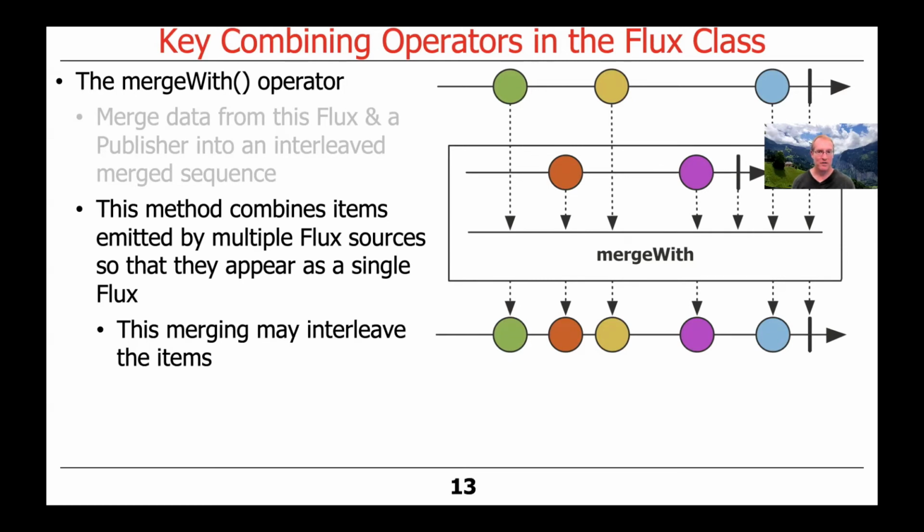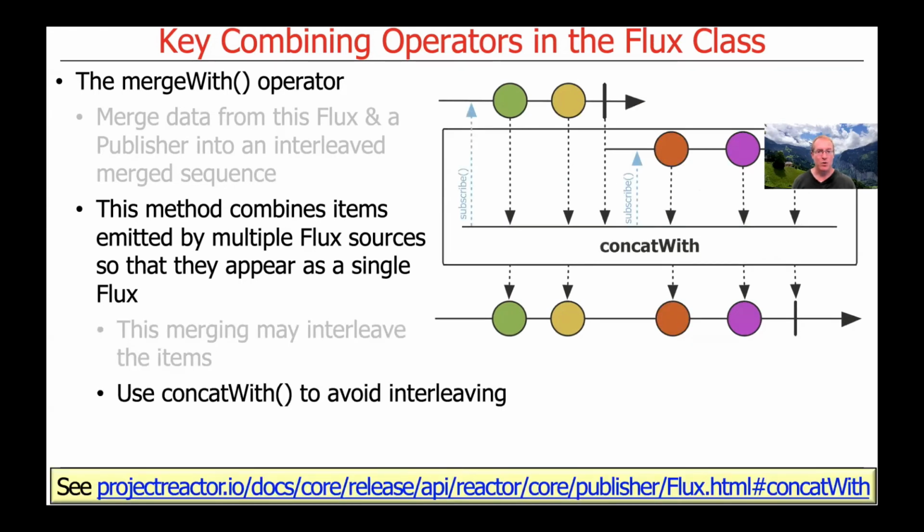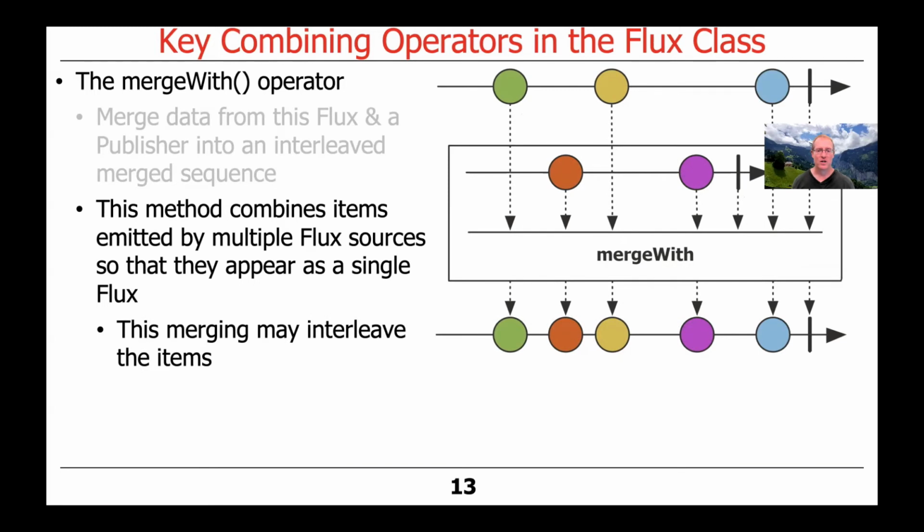So you have to be aware of the semantics of what merge does. If you don't want to have interleaving, if you want everything from the first flux appearing first, followed by everything from the second flux, in other words, not interleaving, then you can use concatWith. So again, you can see how mergeWith can be interleaving the elements.